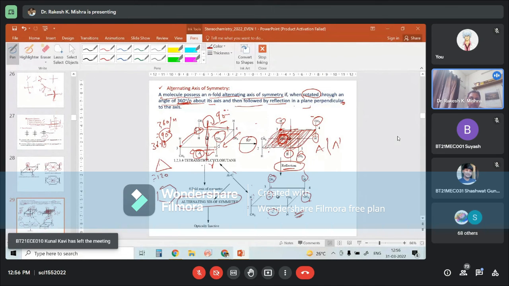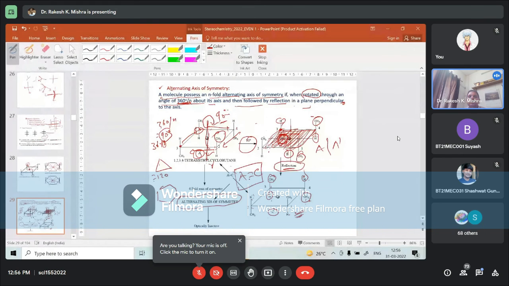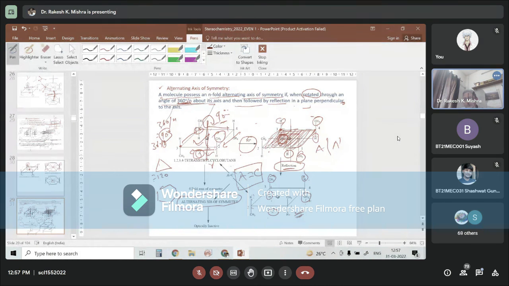See here at this place H and CH3, CH3 and H, H and CH3, CH3 and H, means A is equal to C. If A is not equal to C, then the compound has no alternating axis of symmetry. But it is there. That's why the compound we had taken as an example has an alternating axis of symmetry, and this is not optically active, right?